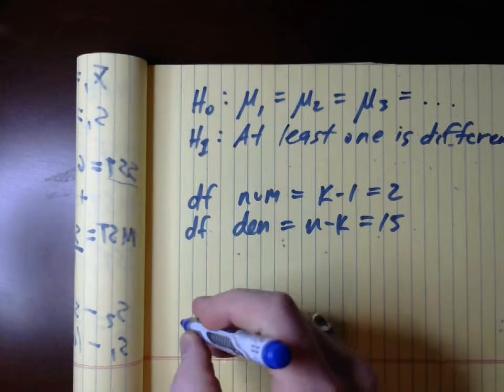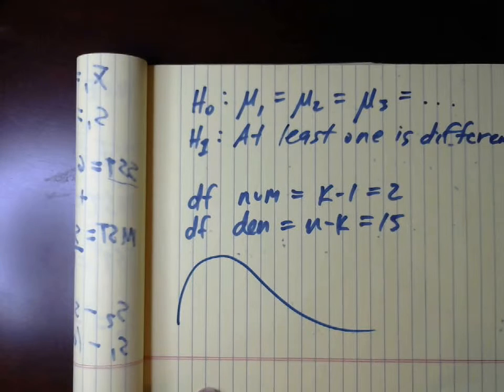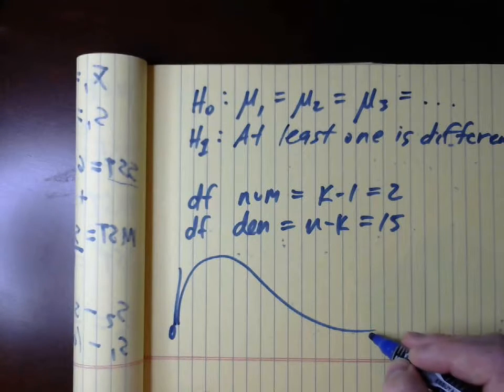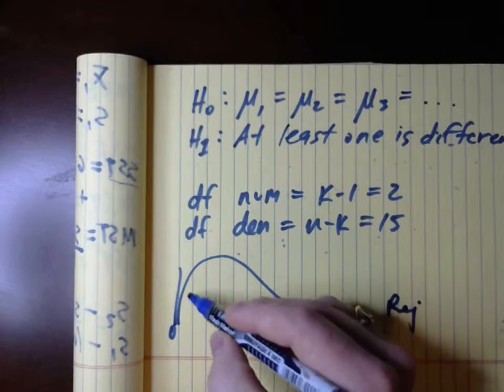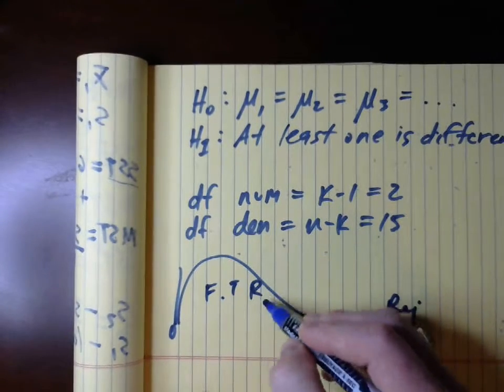Kind of the general idea, if you remember the shape of an F distribution, similar to chi-squared, starting at 0: if your test statistic is out on the tail, this is the rejection region. And this is the fail to reject H naught.